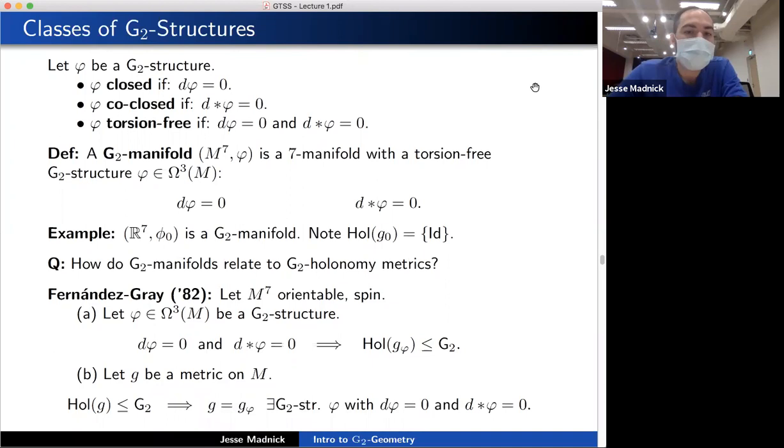So what you are really asking is, when is the 3-form parallel with respect to the Levi-Civita connection? Then you take the covariant derivative of phi and decompose it into G2 irreducible components. When you do this, you find that d phi and d star phi completely determine the covariant derivative of phi. That's kind of a surprising thing. It doesn't necessarily happen for other geometric structures that d and d star control the covariant derivative.